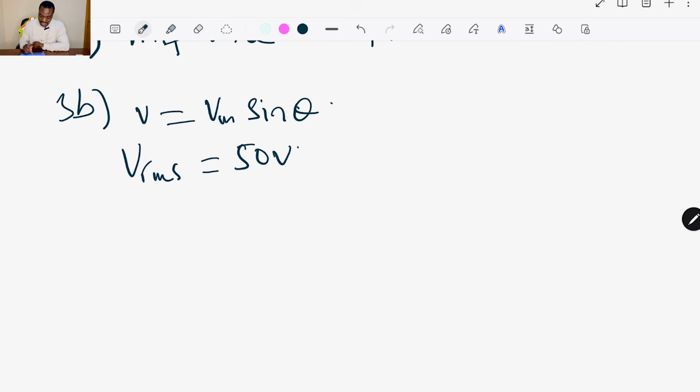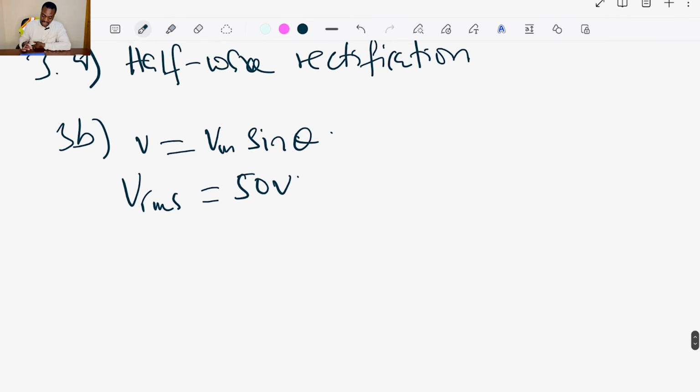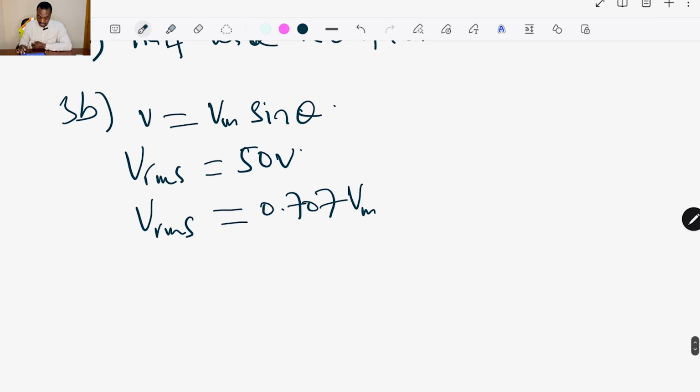So the voltage that we get from the electricity company is the root mean square value, right? Once we have that voltage, we can calculate the maximum voltage. Using this formula, the root mean square value is equal to 0.707 of the maximum voltage.